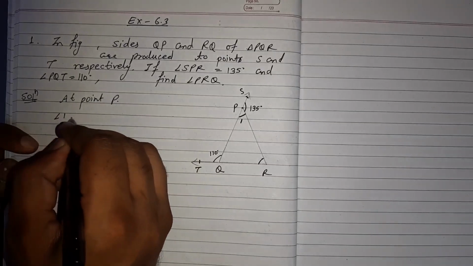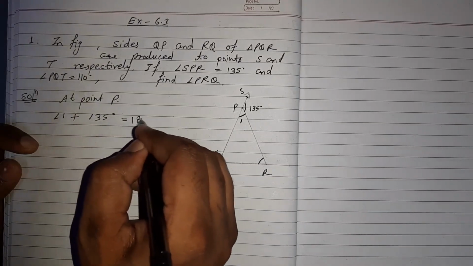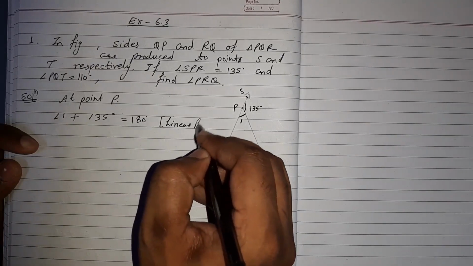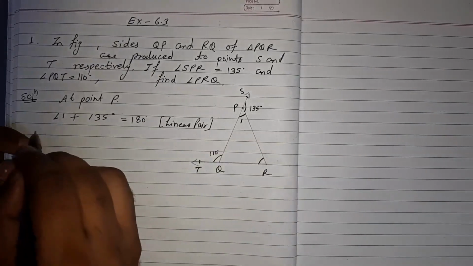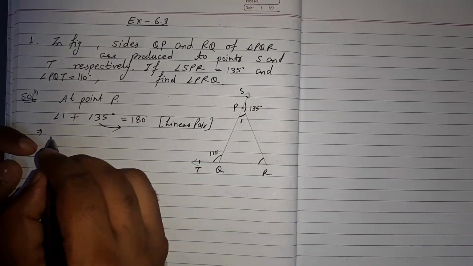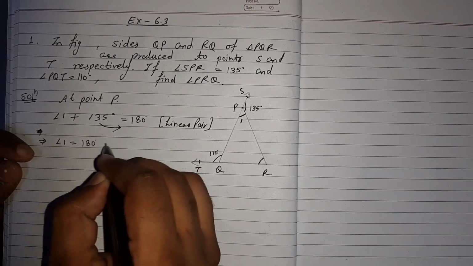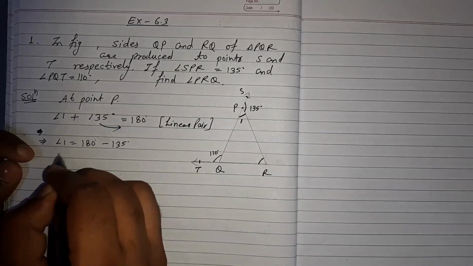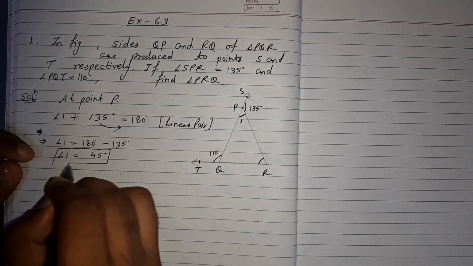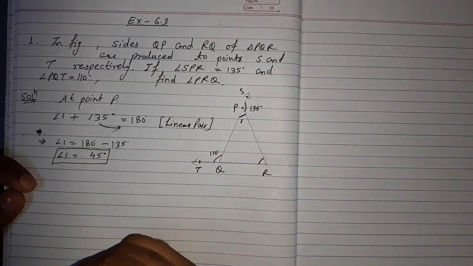Angle 1 plus 135 is equal to 180 degrees. Now transpose 135 to the other side, so it will be negative. So angle 1 is equal to 180 degrees minus 135 degrees. So angle 1 will be 45 degrees. This value we have calculated: angle 1 is equal to 45 degrees.